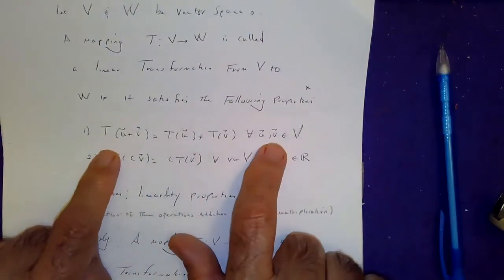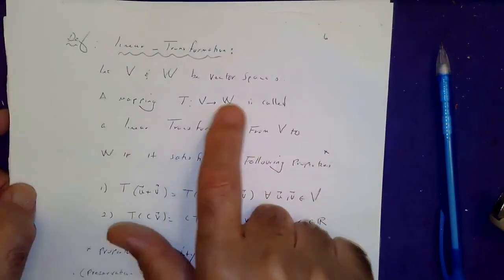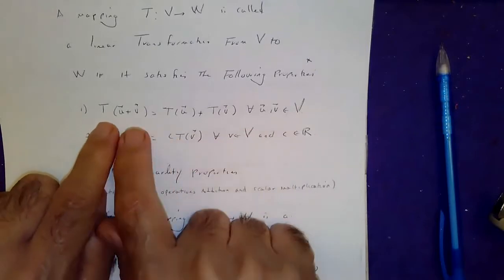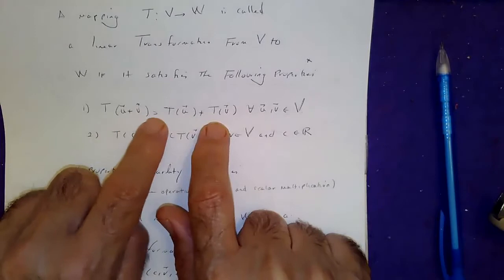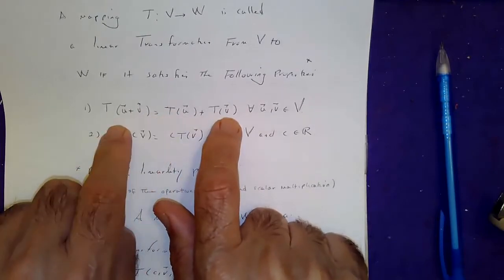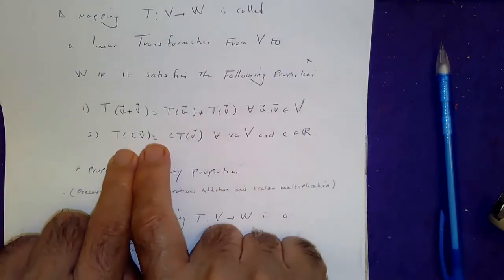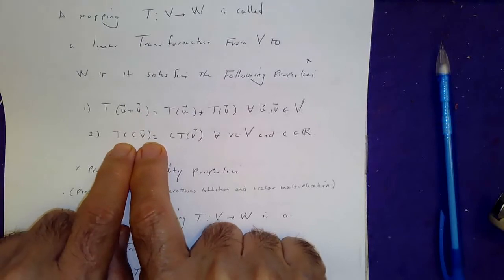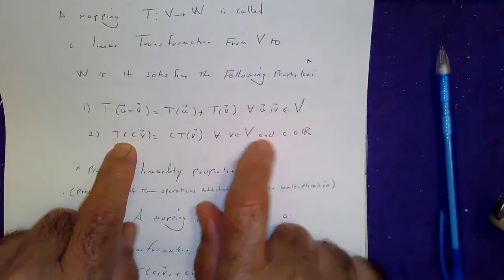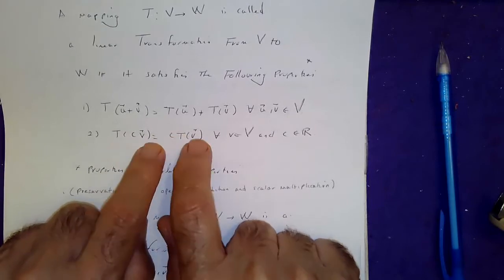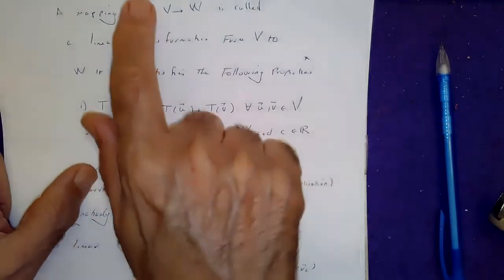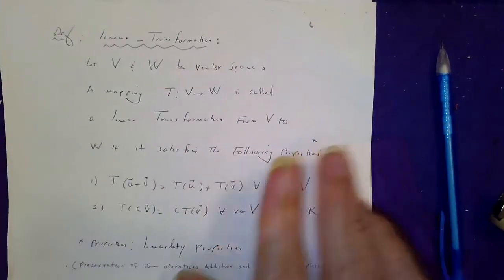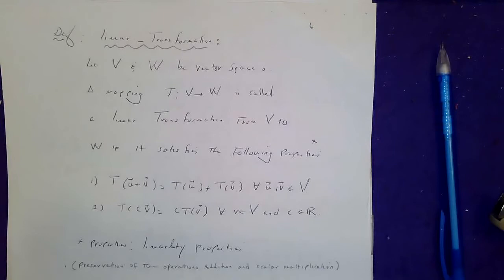If we pick two vectors in V, not W, but in V, the domain, the transformation of the sum of the vectors is the sum of the images of those vectors, and the transformation of the scalar multiplication of a vector in V is C times the image of that vector. If these two conditions are satisfied, then the transformation is a linear transformation.